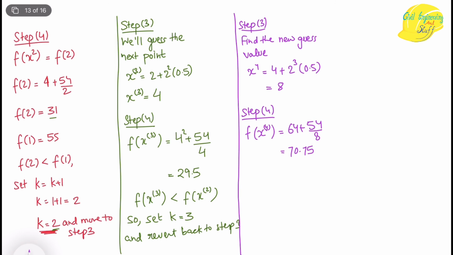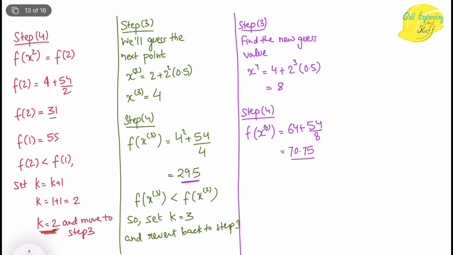So your f(x4) is 70.75, right? And what was the value of f(x3)? 29.5.